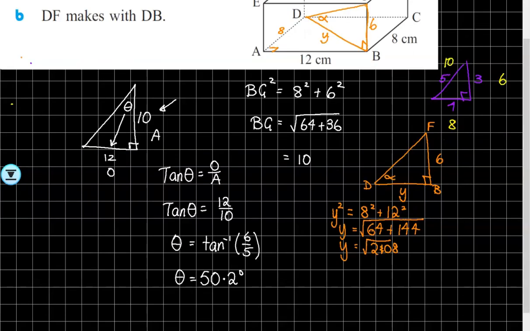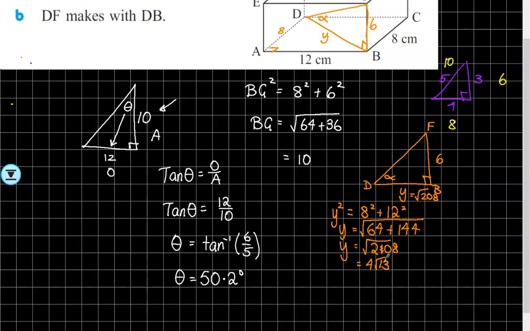Now, because we are going to use this in our working over here, you're going to leave this as 208 instead of putting it in your calculator and getting a decimal answer, because we're using it again. On your graphics calculators, remember it will come up as 4 root 13, because what it's done is it said what square number goes into 208, and it's 16.